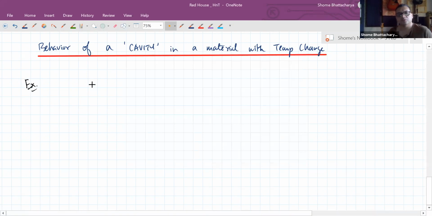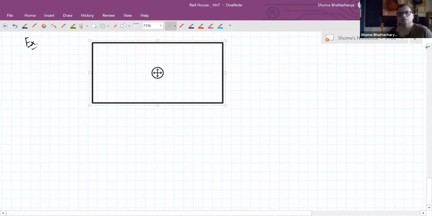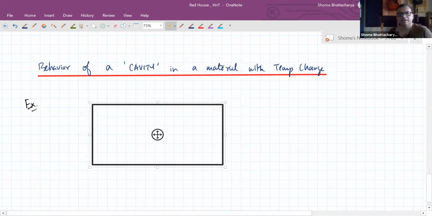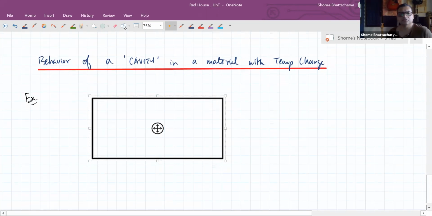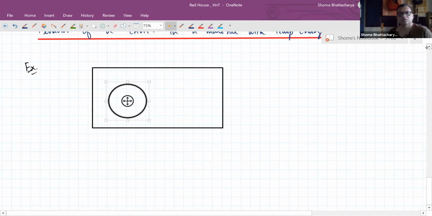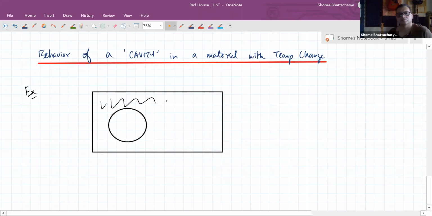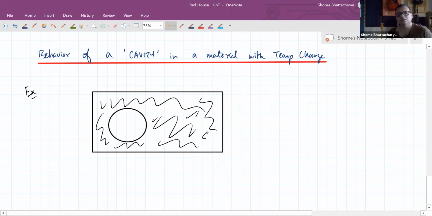Suppose we have a metallic sheet like this, which has a circular cavity in it, a round cavity in it, which is slightly to this side, the cavity is like this. So we'll discuss about three-dimensional bodies also, but here let's talk about a two-dimensional laminar surface.